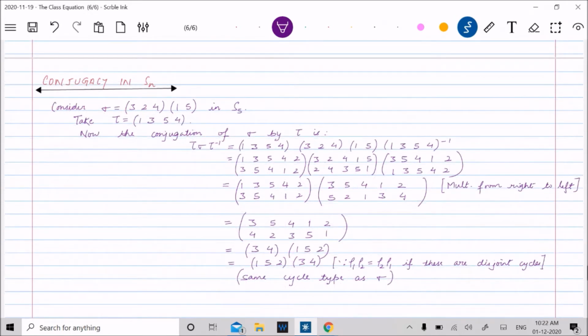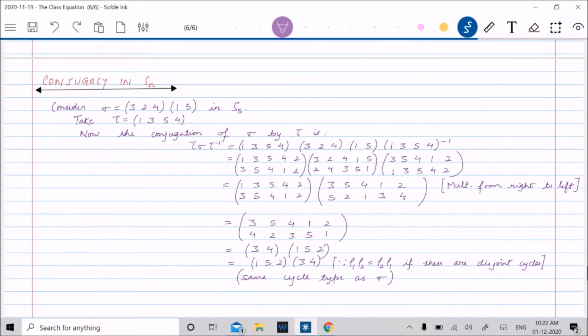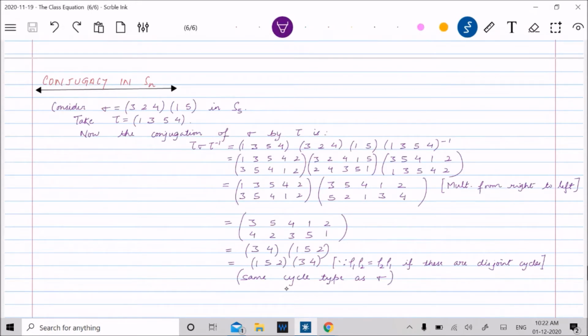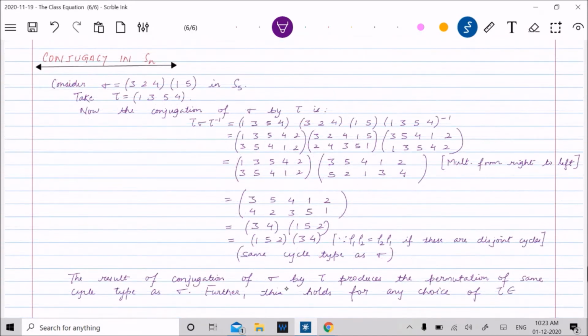Okay. So now you observed that whenever you conjugated that permutation of this cycle type by any element of S5, the result is again a permutation having the same cycle type, right? So this holds for all, right? So this is an observation. The result holds for tau belonging to S5, right?